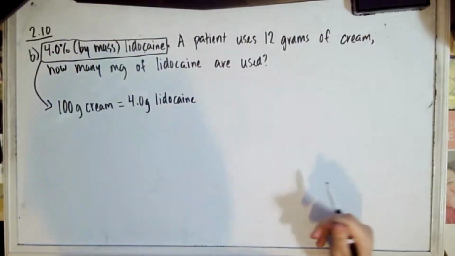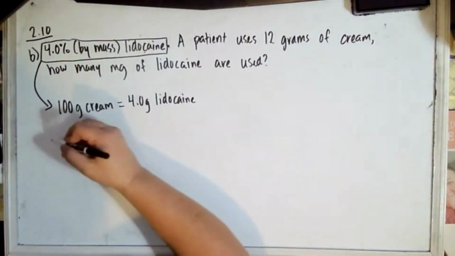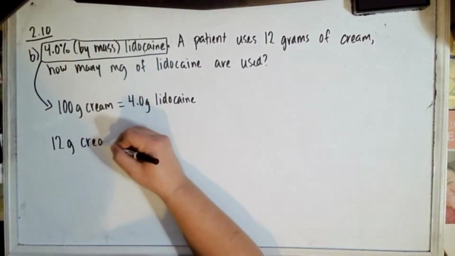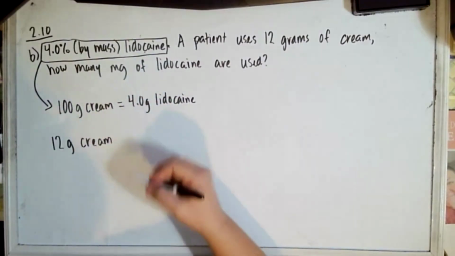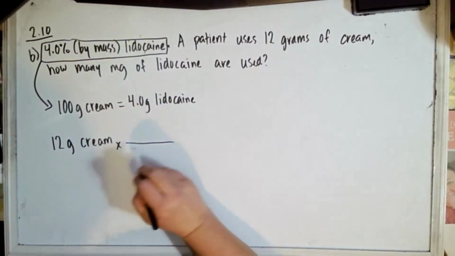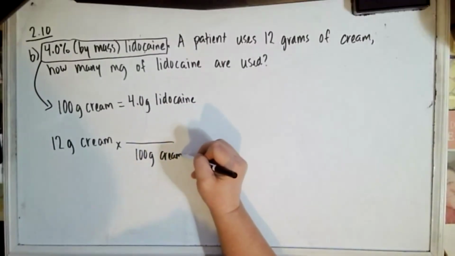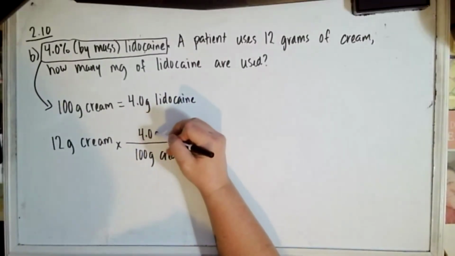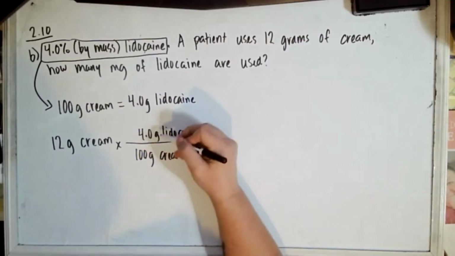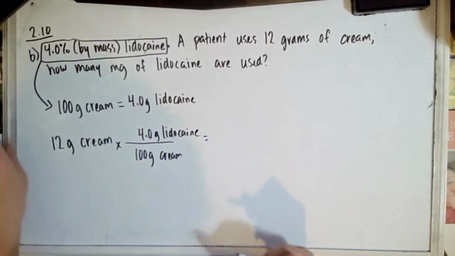Okay, that's what our percent tells us. So if we have 12 grams of cream, then we can use that equality to figure out how much lidocaine is in 12 grams of cream. If I only have 12 grams of cream, then I can say, all right, well, 100 grams of cream is going to have 4 grams of lidocaine. And I can use this relationship or this proportion to figure out how much lidocaine is going to be in my 12 grams.